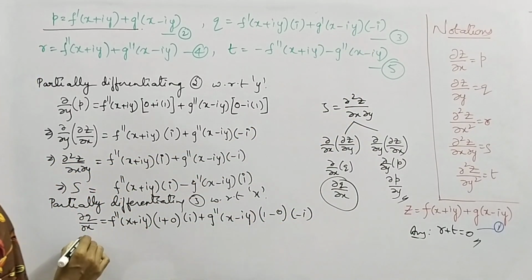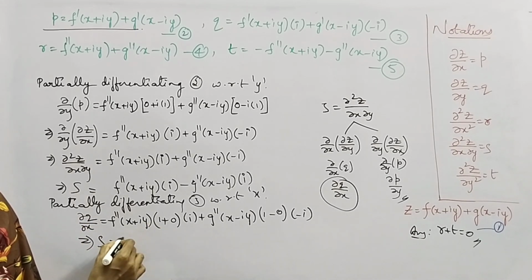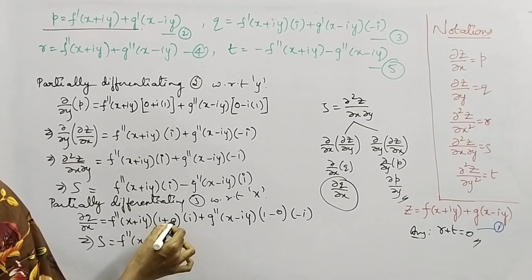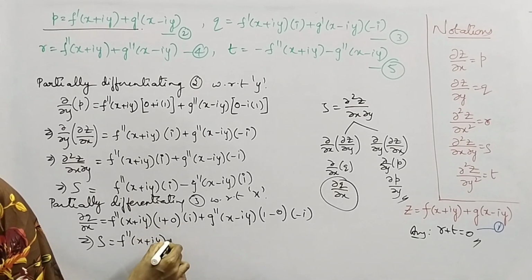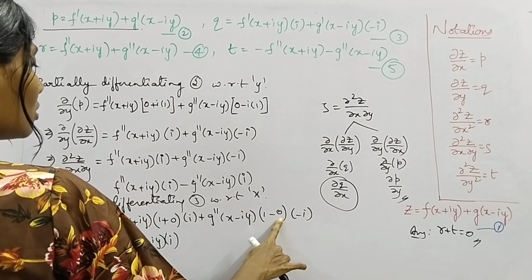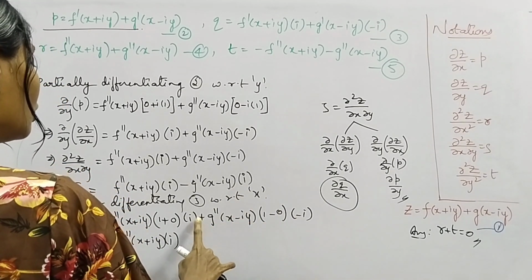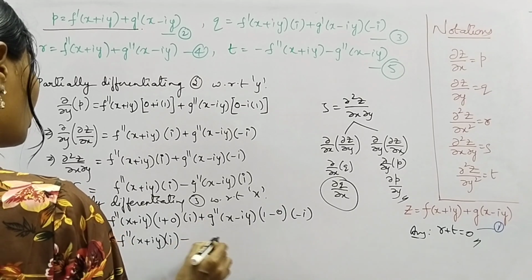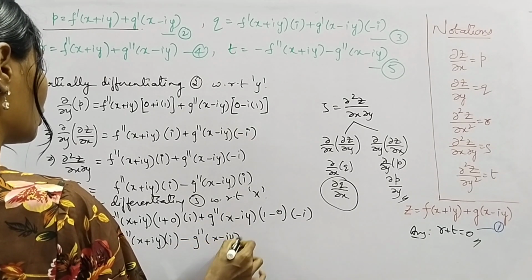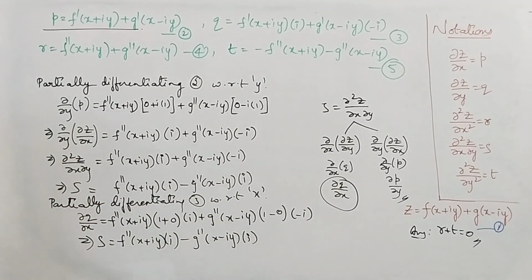This gives us dou q by dou x as s equal to f double dash of x plus iy, 1 plus 0 is 1, 1 into i gives i, plus 1 minus 0 is 1, 1 into minus i, plus into minus, g double dash of x minus iy into i. You'll get the same thing.